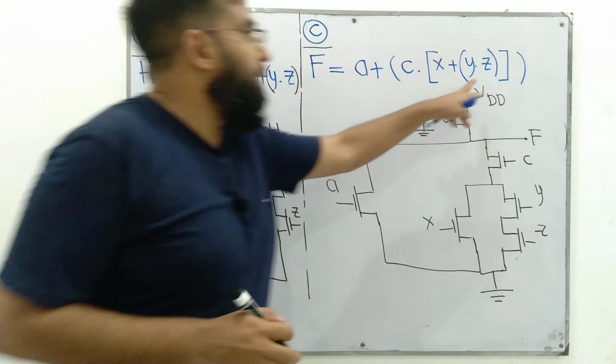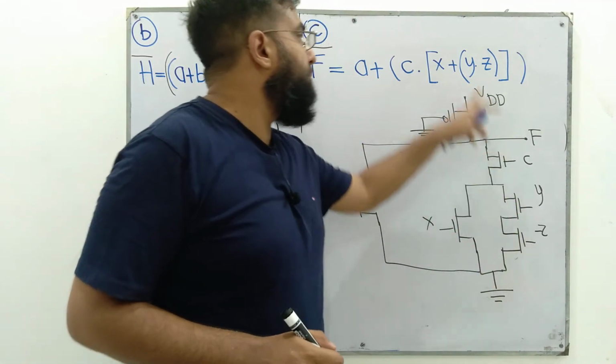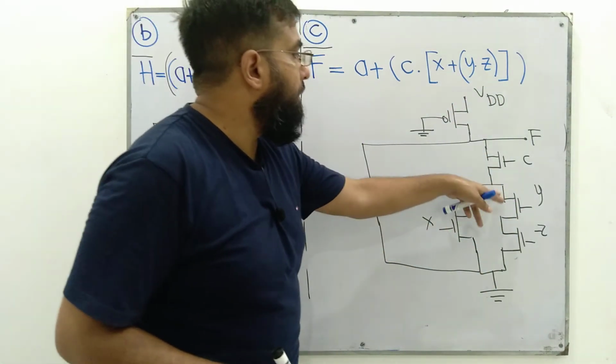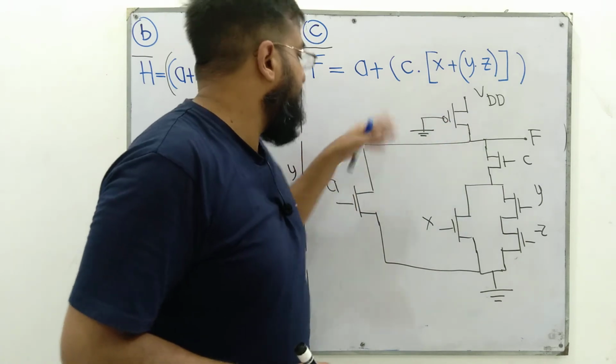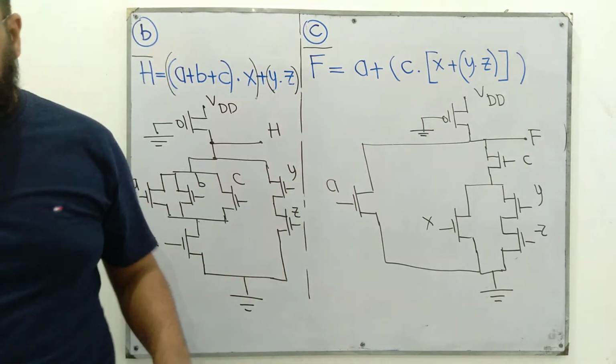So first we have implemented this AND operation, then this OR, then this AND, and then this OR. So it's pretty straightforward.